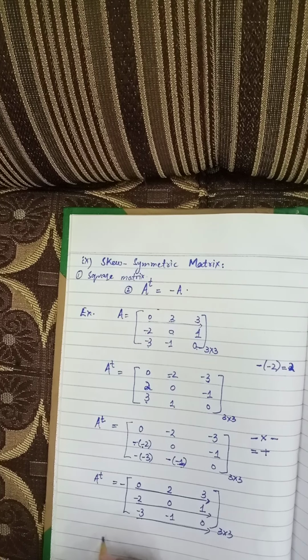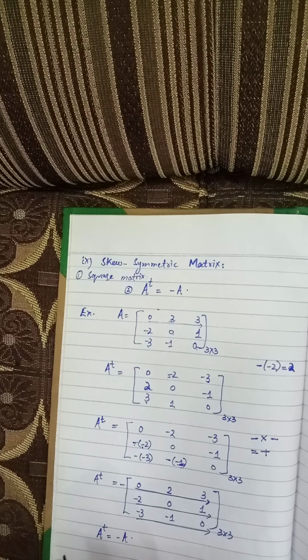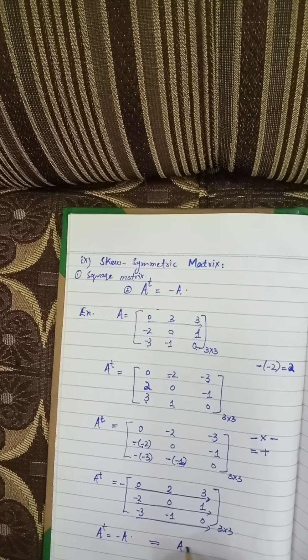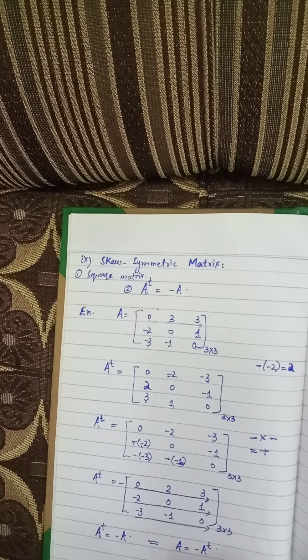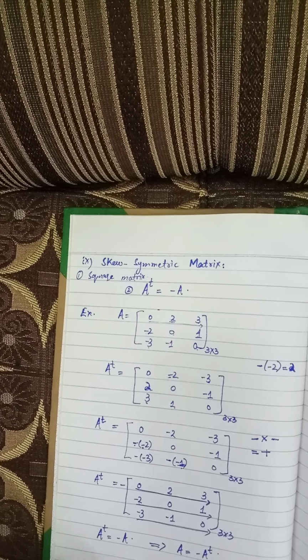So it means that A transpose is equal to negative of A. Or you can say, it's the same meaning, A equals negative of A transpose. We can easily convert it like this. It's not an issue. So we did that for skew symmetric.